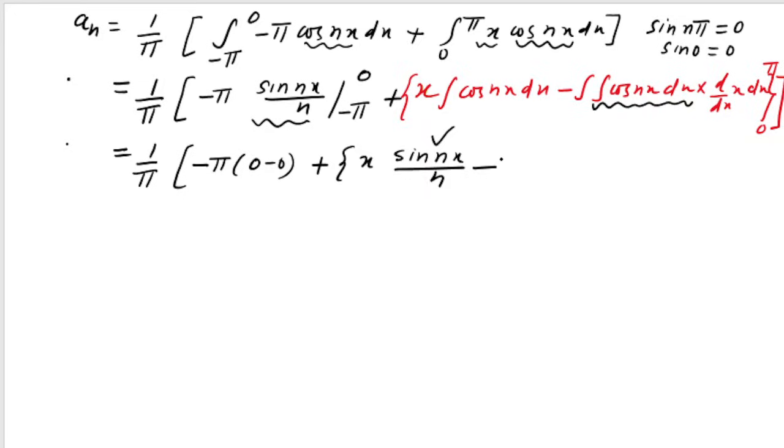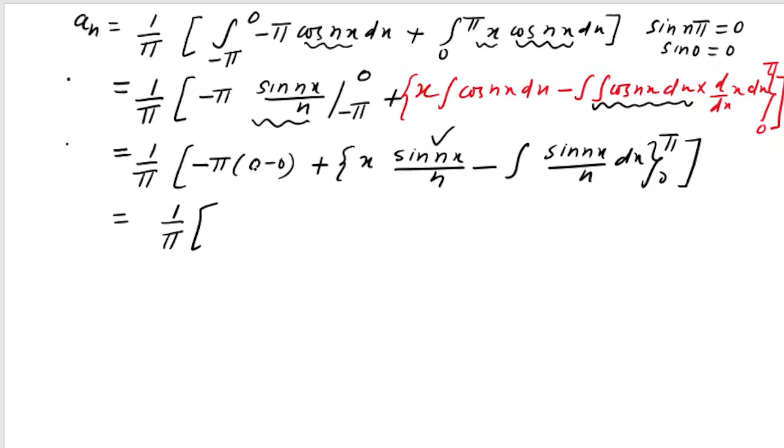So integration of sine nx by n is basically minus cos nx by n, right? Should I write it directly, or let me write one more step, otherwise you will get confused. So I am writing integration of cos nx dx is sine nx by n and then dx, and limit of integration here is 0 to pi, right? So in the next step I am going to write 1 by pi.